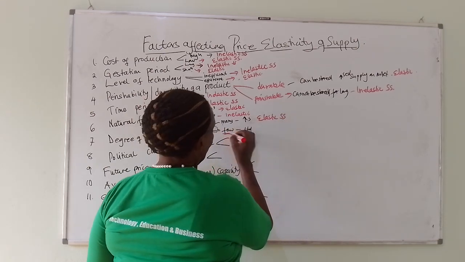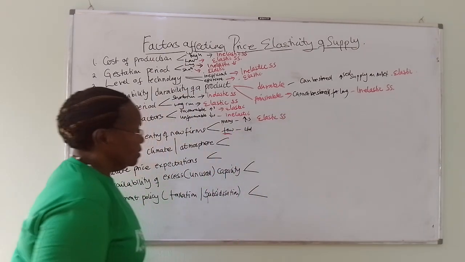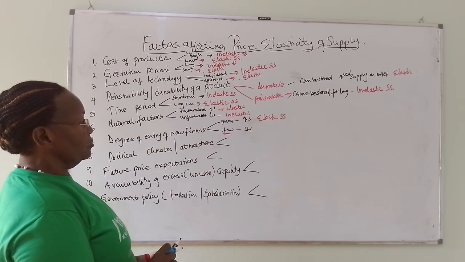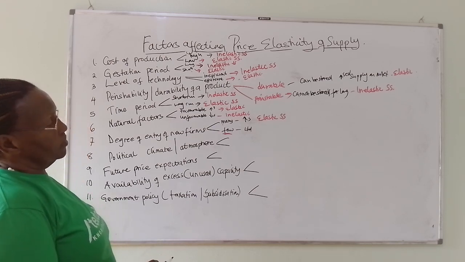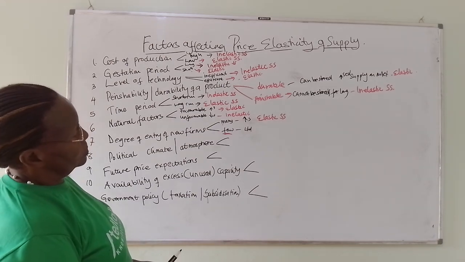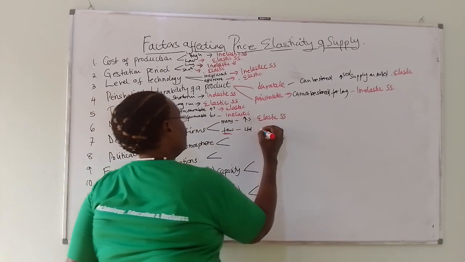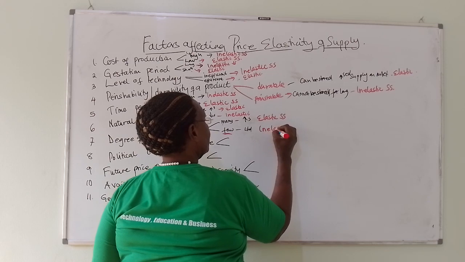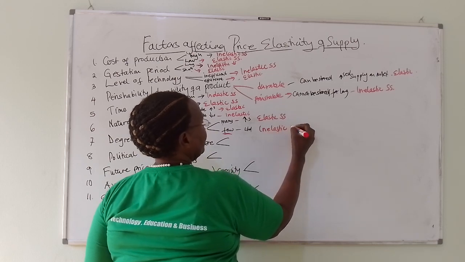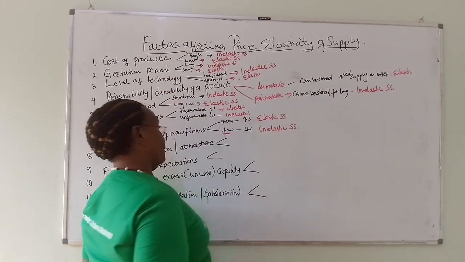Yet where there are few, however much you want plentiful supply of that commodity on the market as a result of increased price, because the law gives you only few suppliers, this will make the supply of that commodity inelastic.